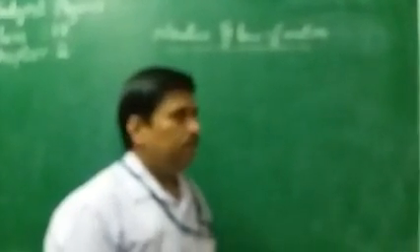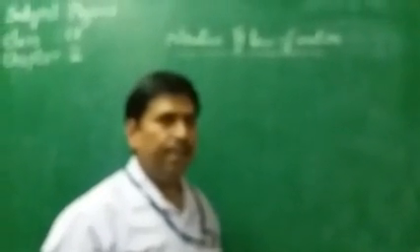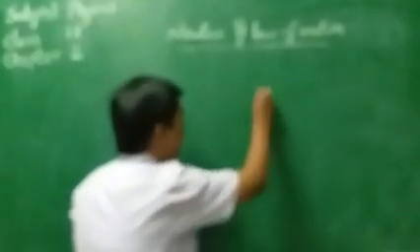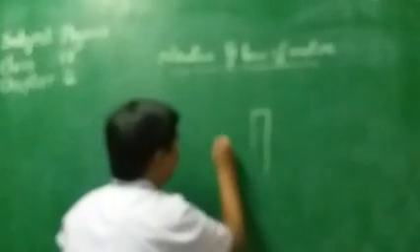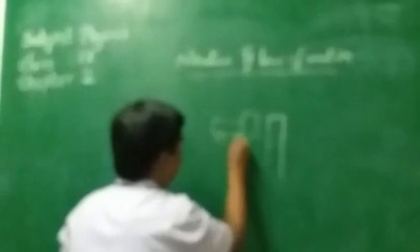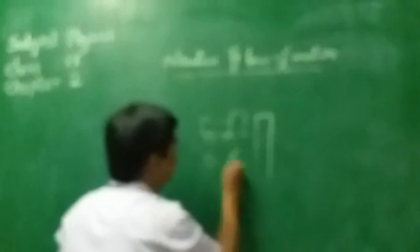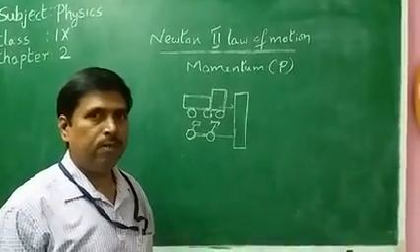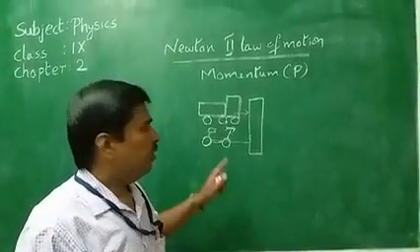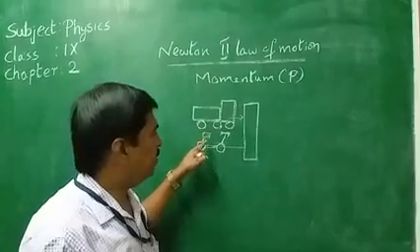Suppose a heavy loaded vehicle and a cycle go on to strike a wall. So you have two vehicles, one is a heavy loaded lorry and another is a cycle.